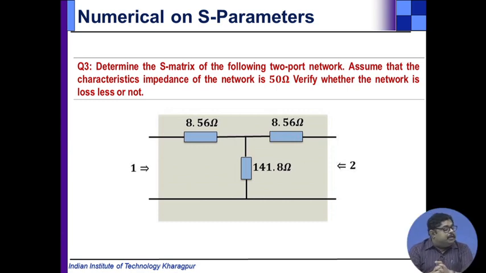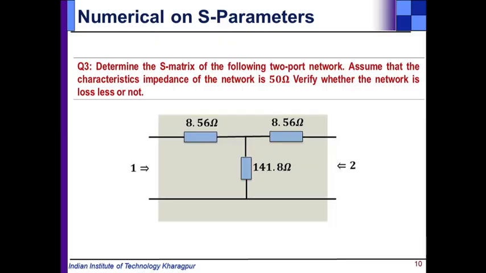Now, see the third problem, the S matrix of the following 2 port network. Again verify whether the network is lossless or not. Now, you see this is a purely lumped element case. So, it is easier to go to the Z matrix, this is a simple symmetrical T network.